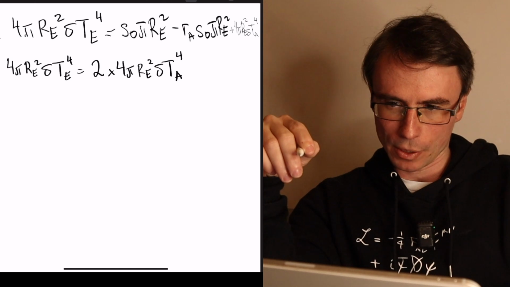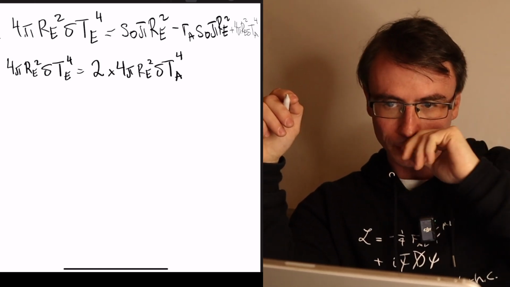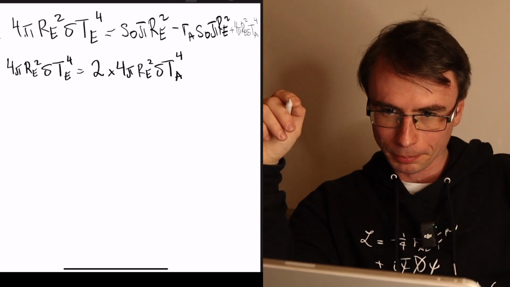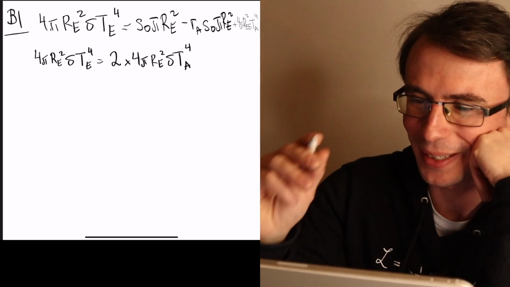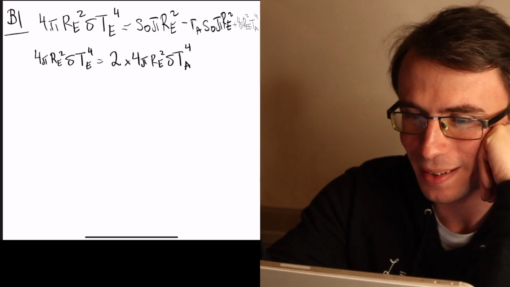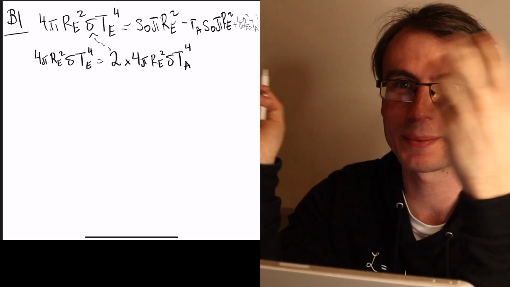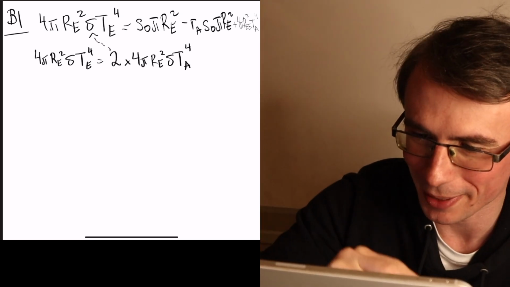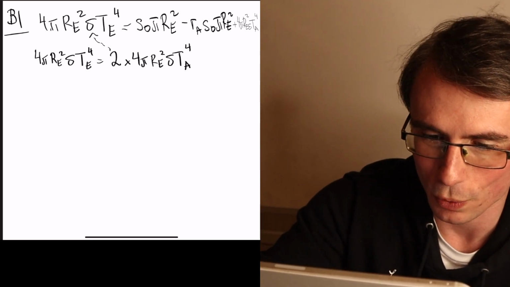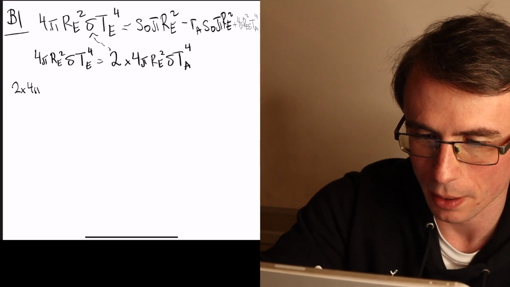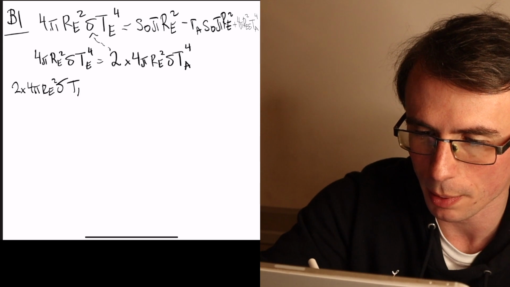Okay, so that took me way too long to think, but all I'm going to do is substitute this back into here, and then solve the equation. So what am I going to get? I am going to get 2 times 4 pi RE squared, Stefan Boltzmann's constant, TA to the power of 4.